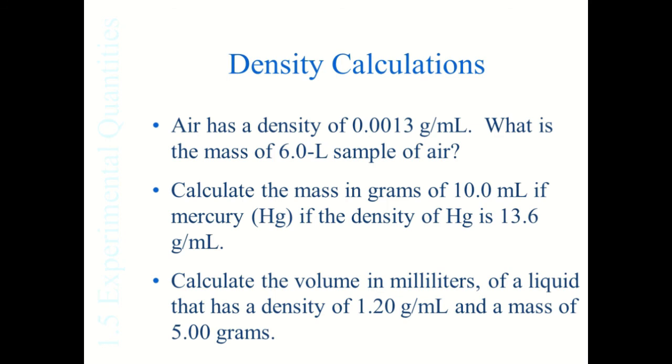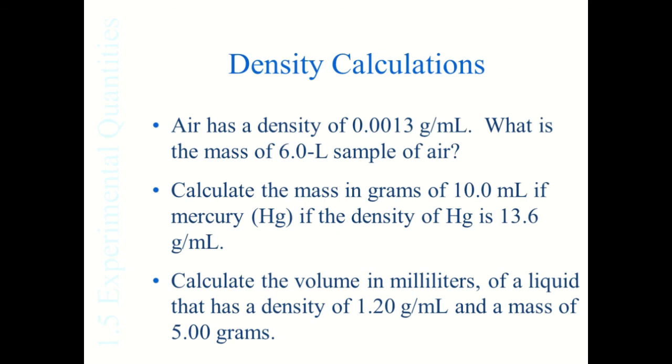Air has a density of 0.0013 grams per milliliter. What is the mass? So if I'm asking for the mass, what else do I have to be given? Density and volume. Where's the density? 0.0013, good. What else am I given? Volume.